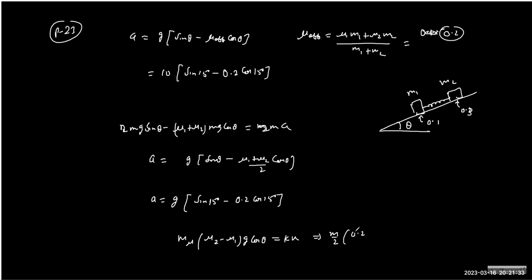Difference is 0.2. g is 10, cos 15, divided by k. Mass is given, yes or no? Mass is not given. 3 kg. 3 by 2, k is 200.